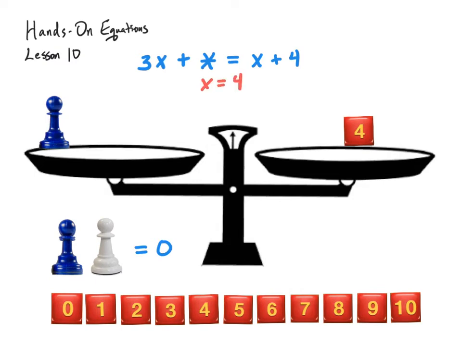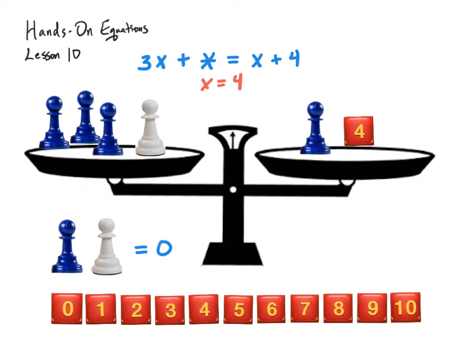Just like always, when we do our check, we set everything back up to its original state. And then we plug in the value of x for every pawn, and then the value of star for every pawn. Well, if x is 4, star would have to be -4 because it's the opposite.